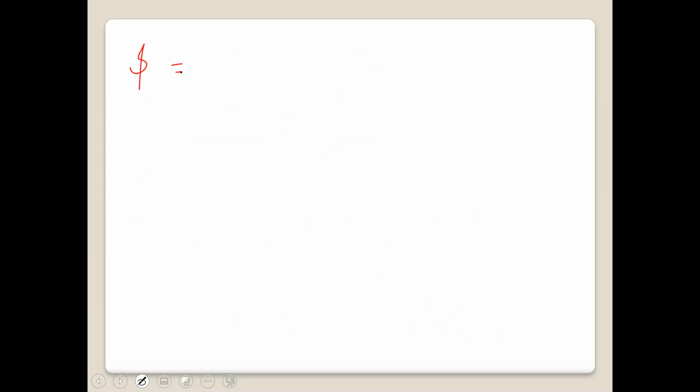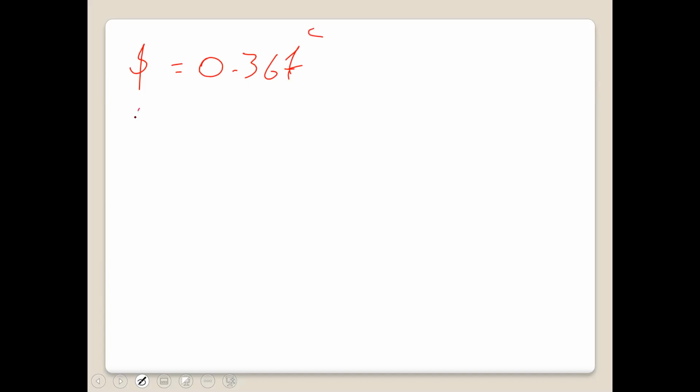Go again? 21 times pi over 180. What is phi? Which is 0.36. 0.3666. What's the unit? Radian.